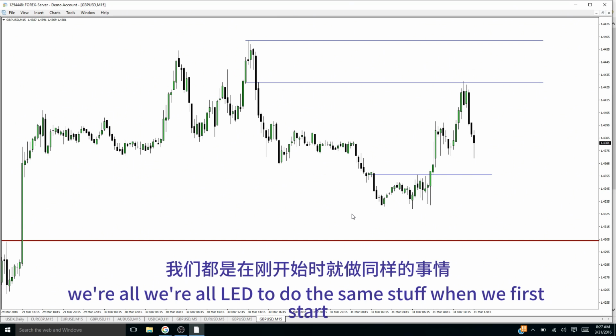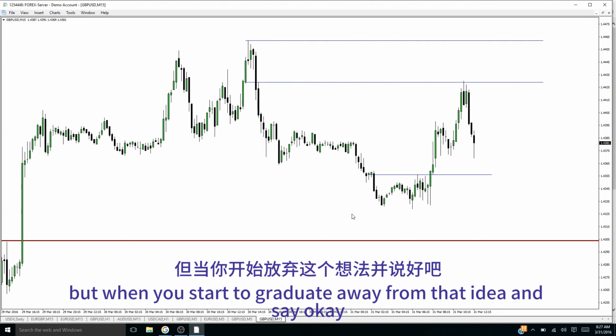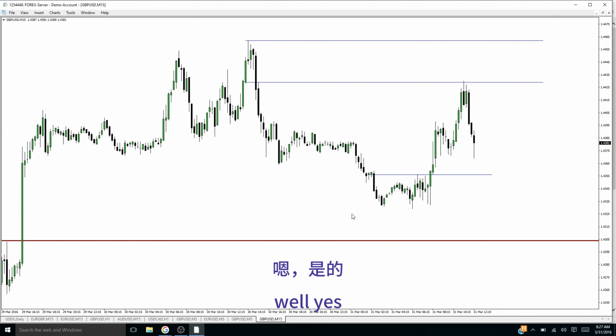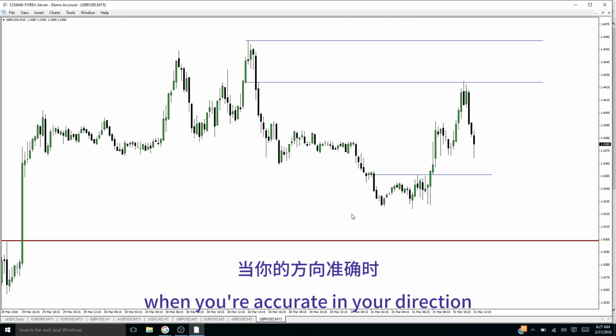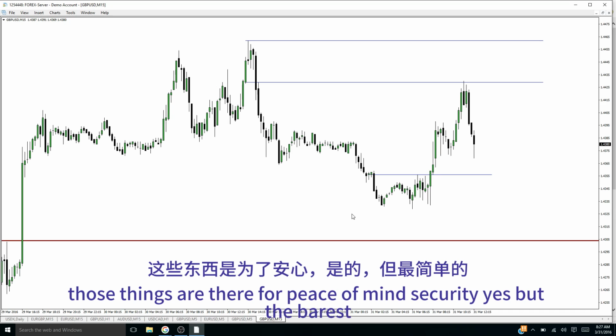We're all led to do the same stuff when we first start. But when you start to graduate away from that idea and say, okay, well, yes, when you're accurate in your direction, those things are there for peace of mind, security, yes.